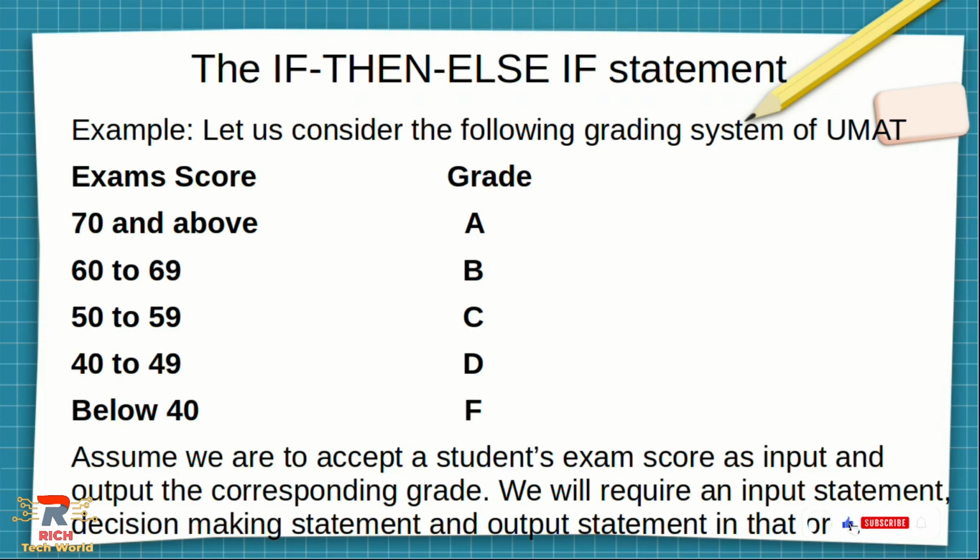They are graded C when they get 50 to 59, and 40 to 49 is graded D, and below 40 is graded F. This is one particular program where you can implement the if then else if statement, where you input an exam score, and the code tells you if the student had A, B, C, D, or F. Let's see the solution over here.